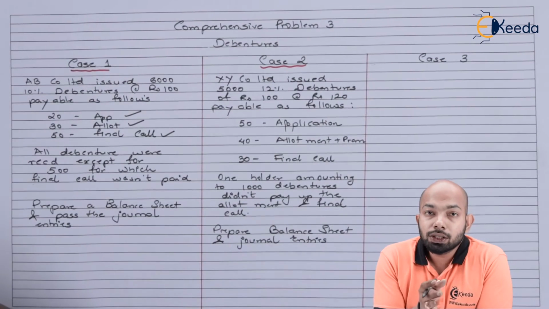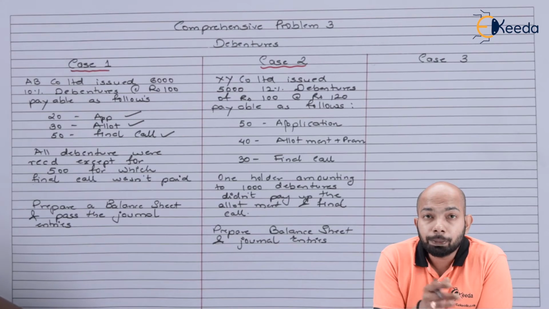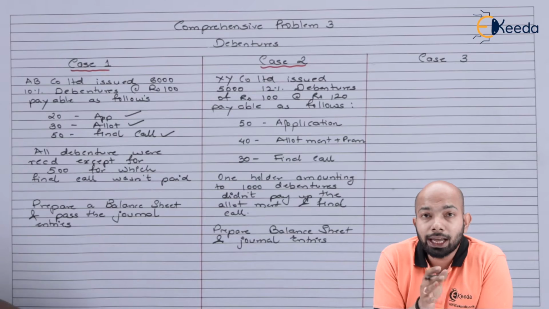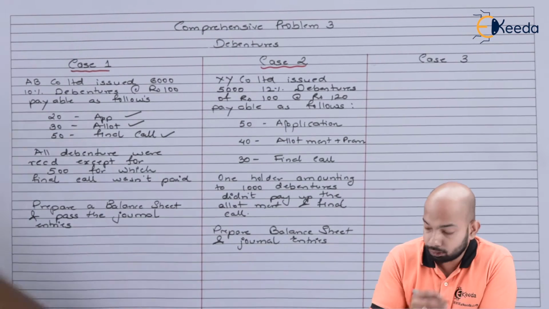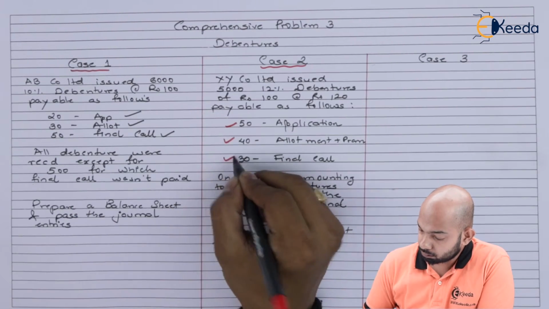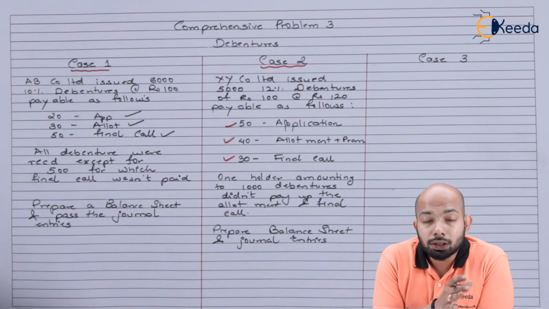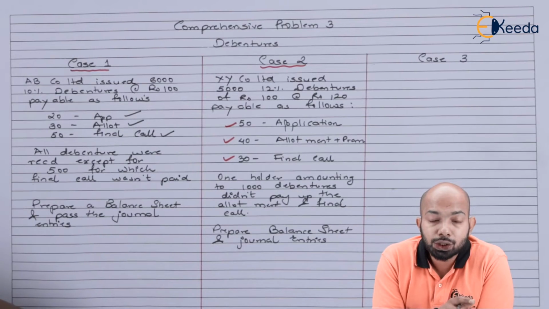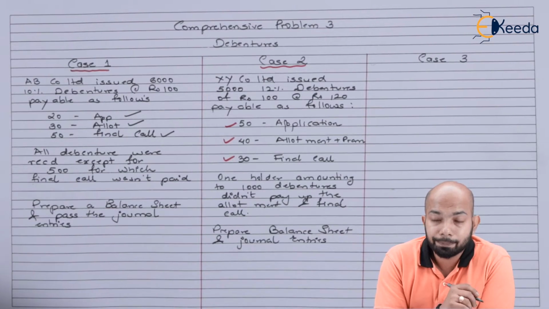The 120 is divided as 50 rupees on application, 40 rupees on allotment, which includes the premium as well, and 30 rupees on the final call. Now, one holder who had around 1,000 debentures didn't pay the allotment and the final call money. We have to prepare the balance sheet as well as the journal entries for the same.